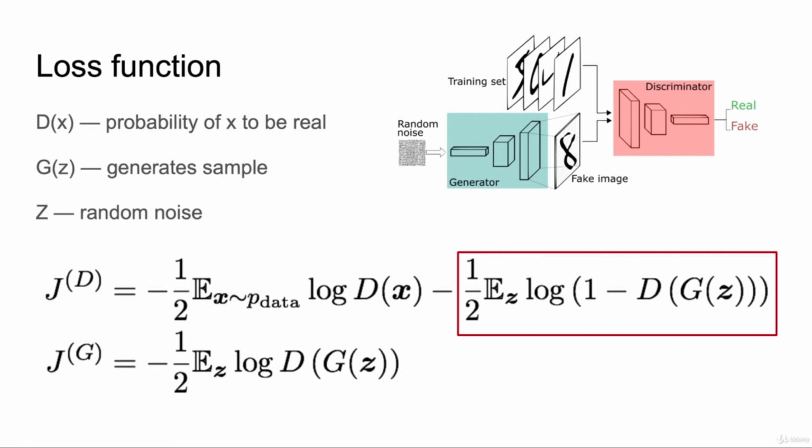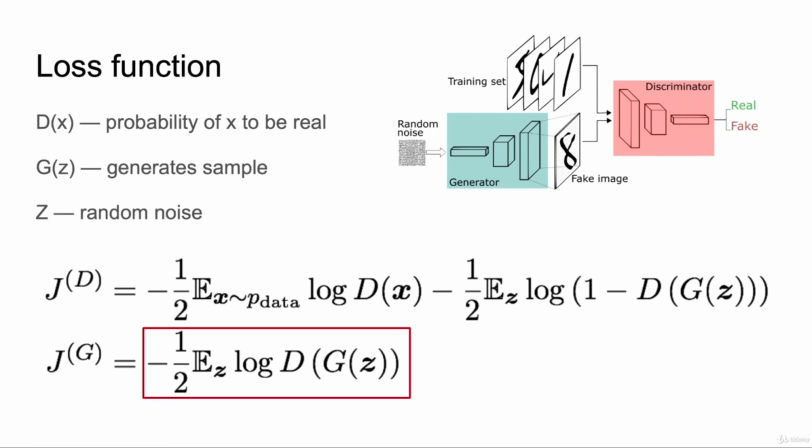That is why we have there 1 minus D. To summarize, when we optimize the discriminator loss function, we maximize the probability of a real object to be real and of a fake object to be fake. This is just the standard loss function for the binary classifier.